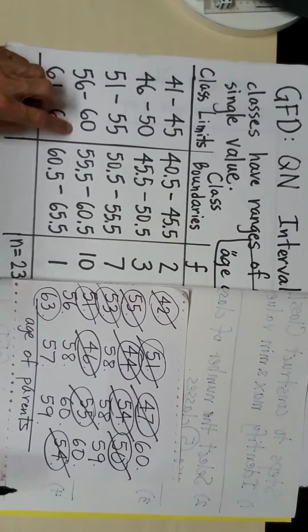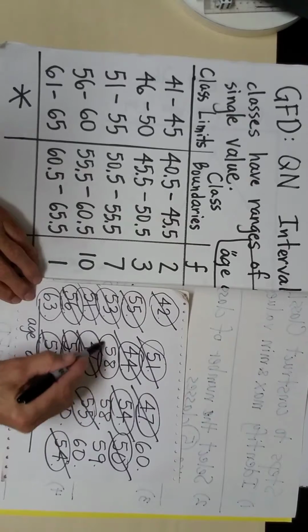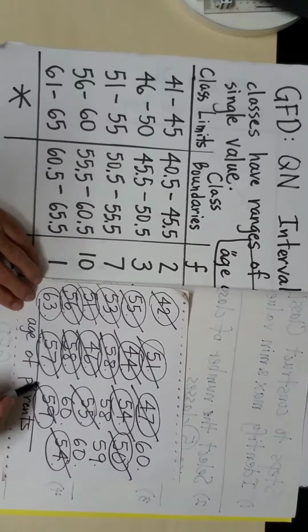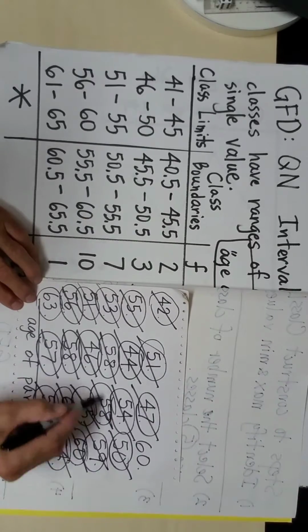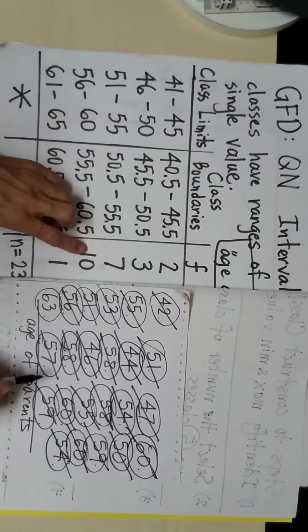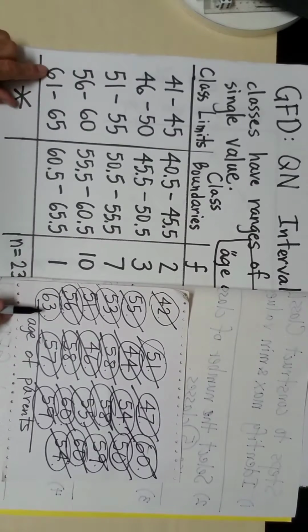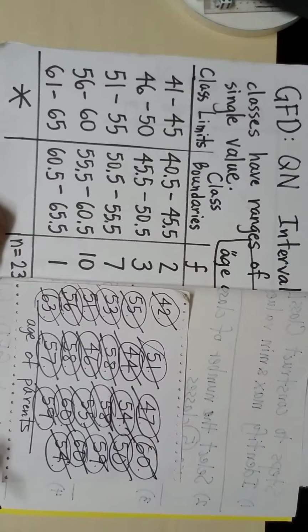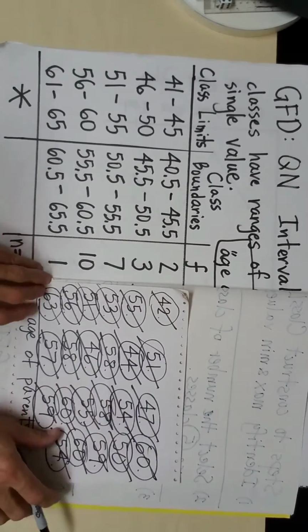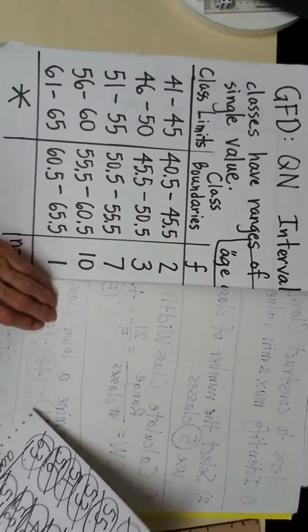From 55 to 60, 1, 2, 3, 4, 5, 6, 7, 8, 9, 10, which is correct. And the only one I haven't crossed out is the one between 61 and 65, which is 63. So this is the step you use to find the frequencies.